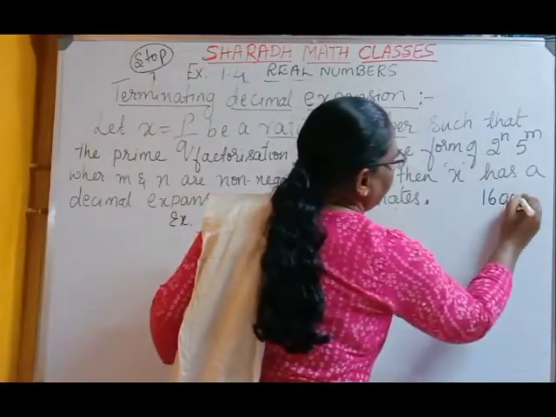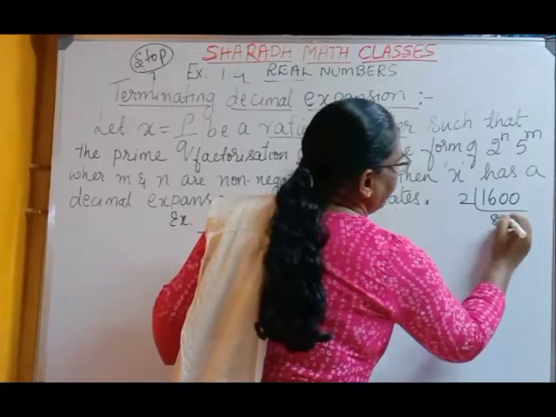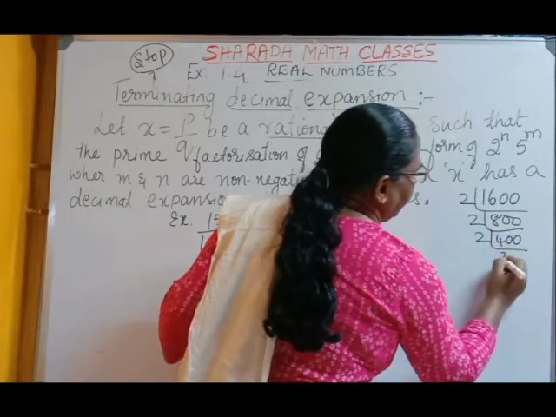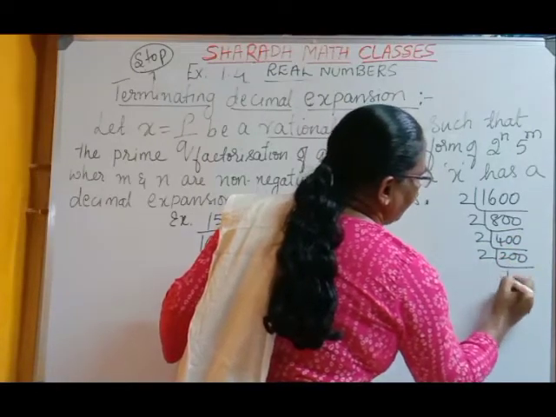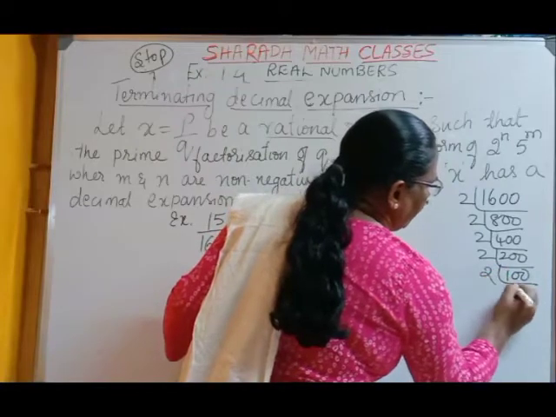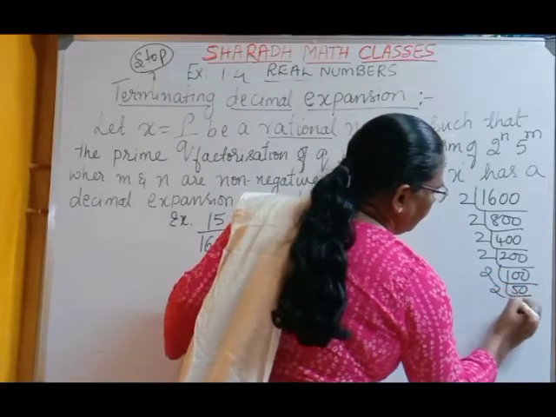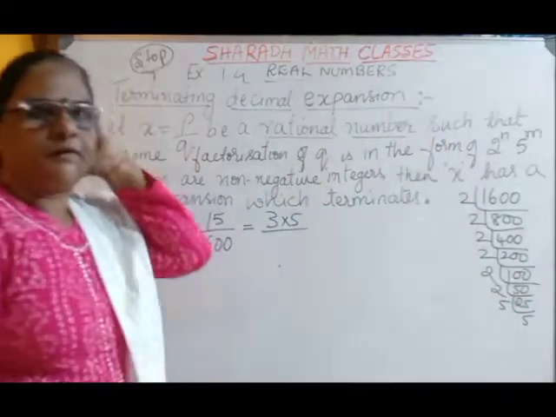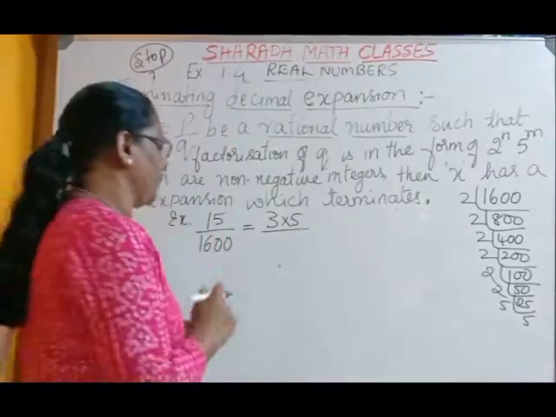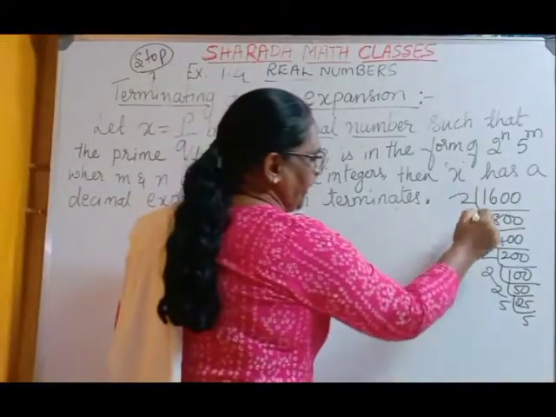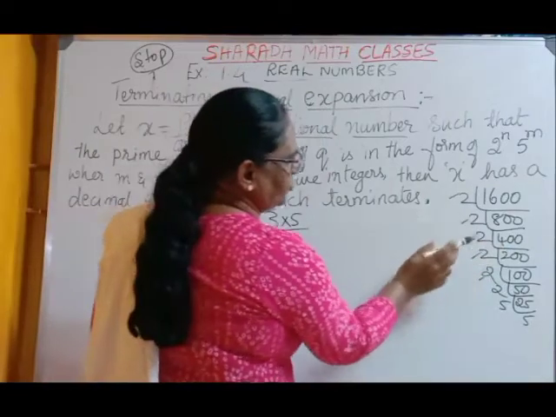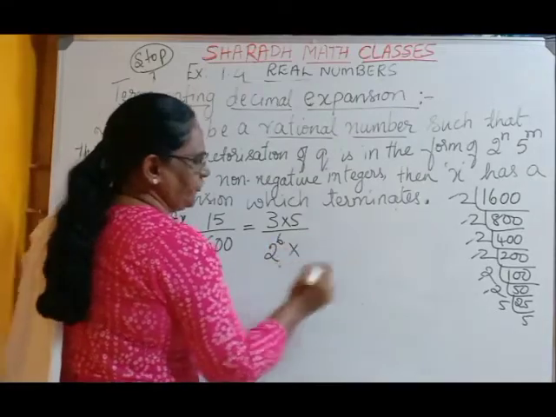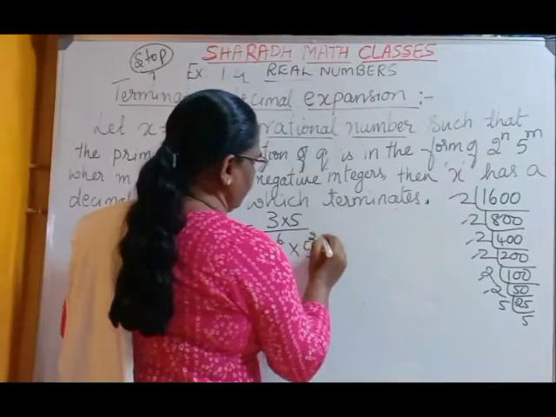Find the factors for 1600. 1600 is 2 times 800, then 400, from 2 again 200, from 2 again 100, from 2 again 50, from 2 again 25, and then 5 times 5 is 25. This can be written with 2 appearing 6 times, as 2 to the power of 6 into 5 to the power of 2.